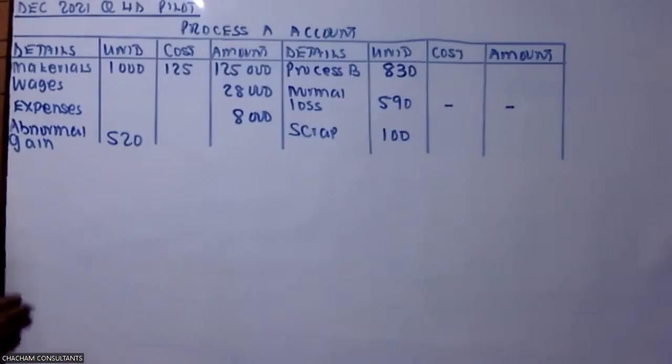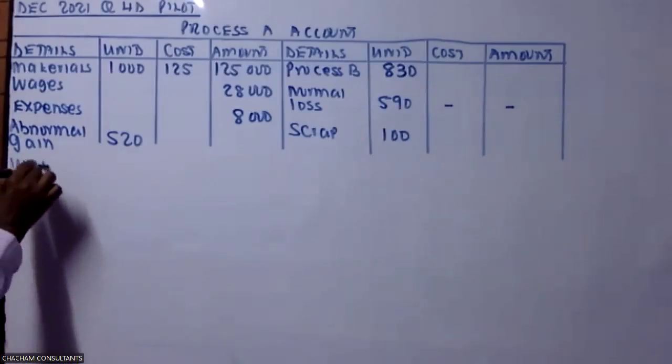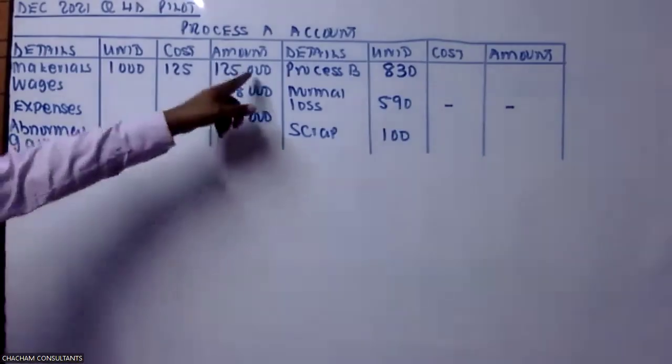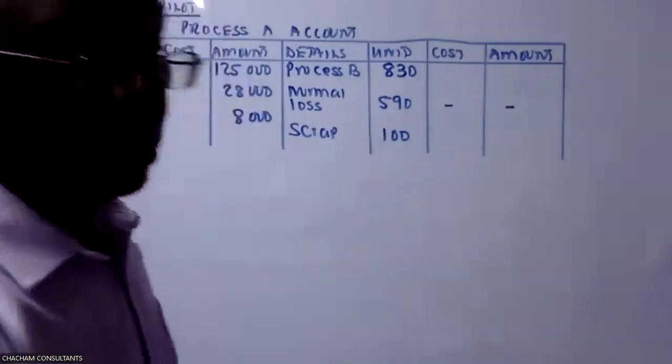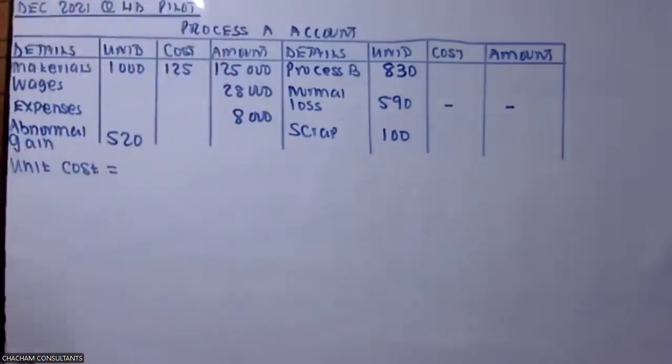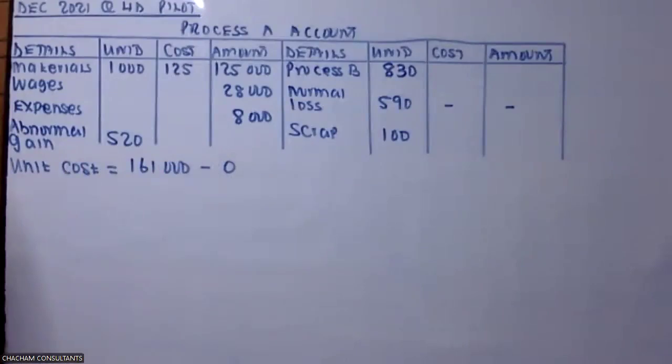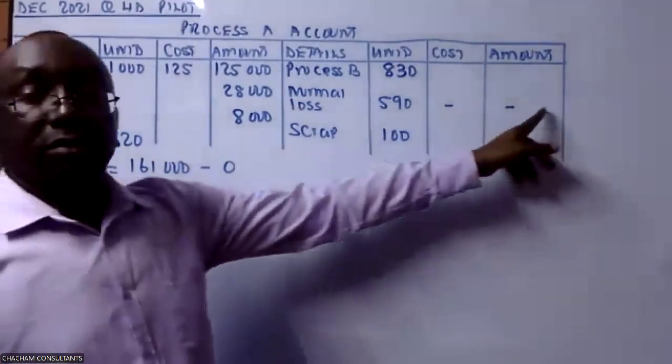So with that now, we get the unit costs. We said you add these costs. So you take this 125,000 plus 28,000 plus 8,000, that is 161,000. There is no scrap revenue here from the normal loss.